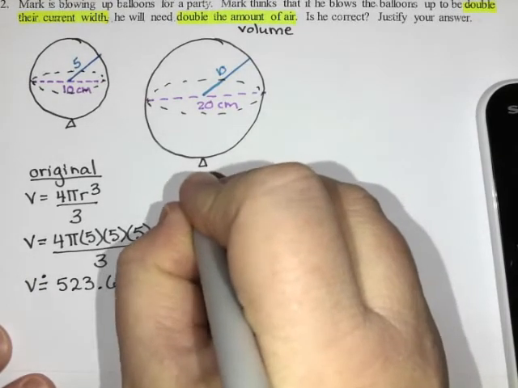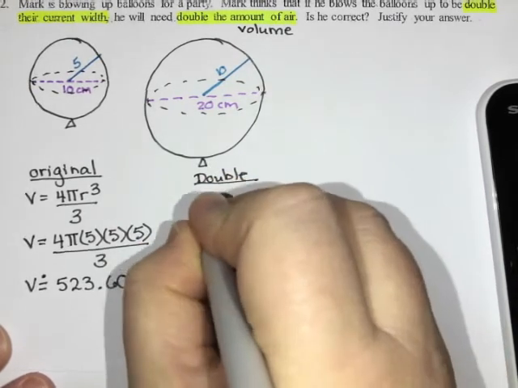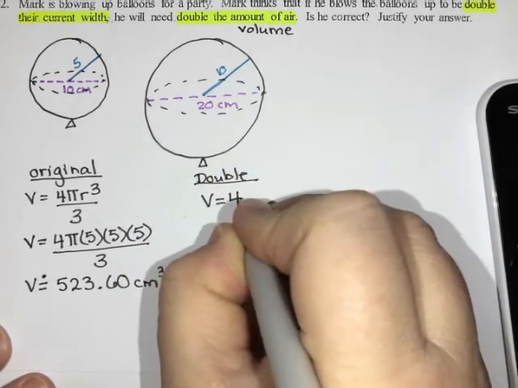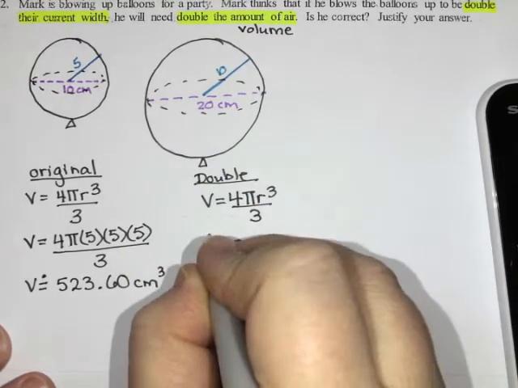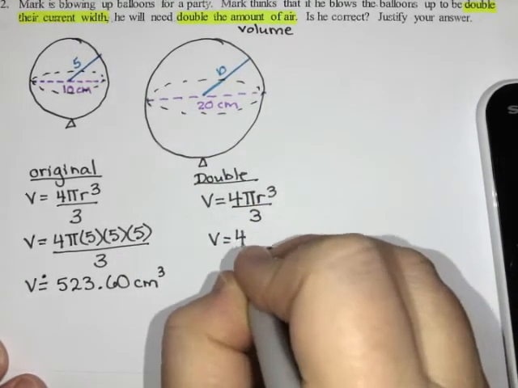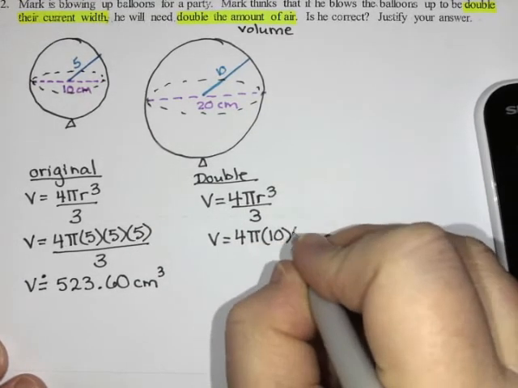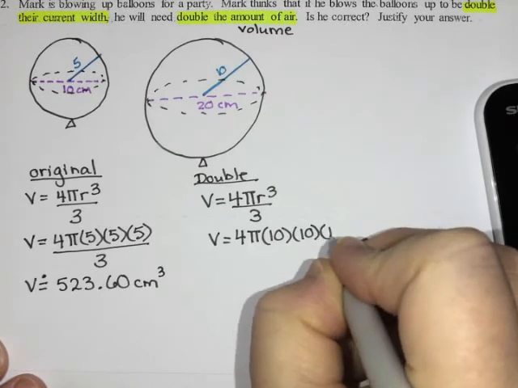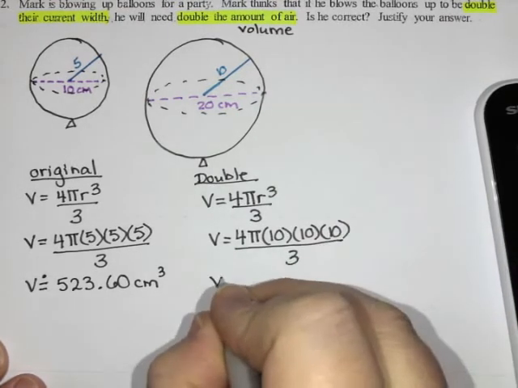The one that we think is maybe double is also still 4 pi r cubed divided by 3. So I'm doing 4 times pi. This time the radius is 10, and cubed means we do it 3 times, divided by 3.